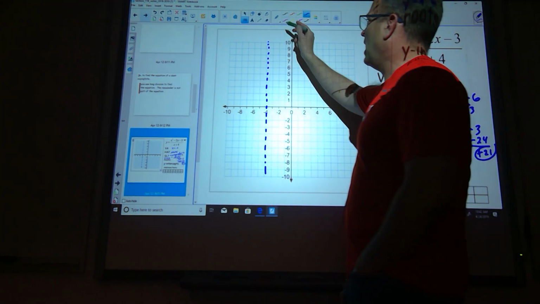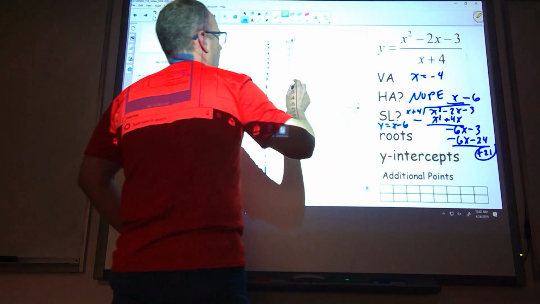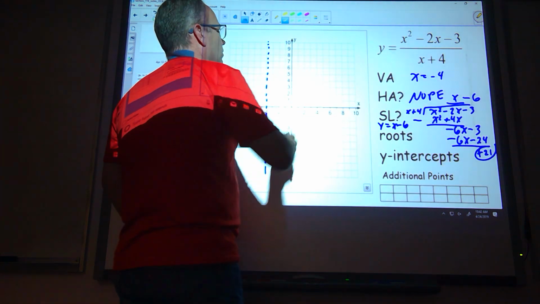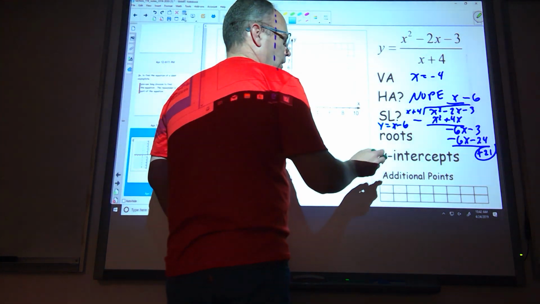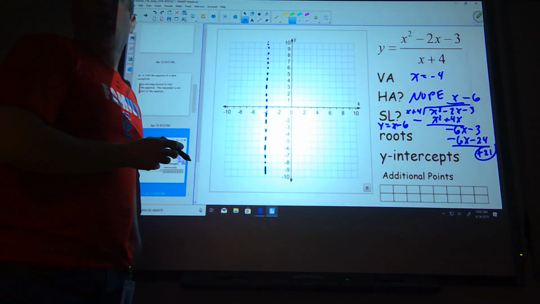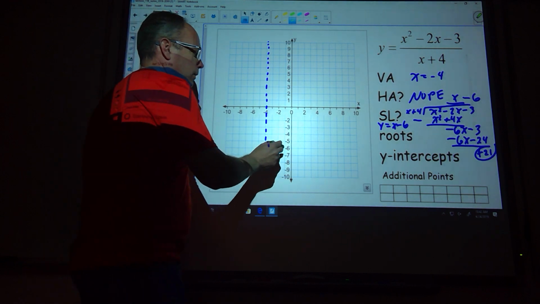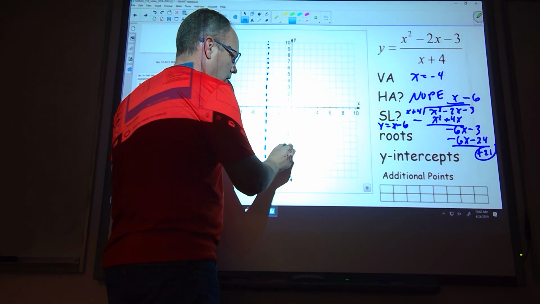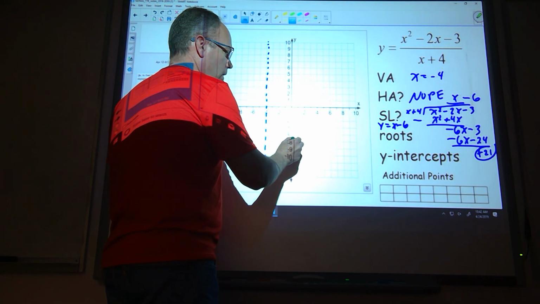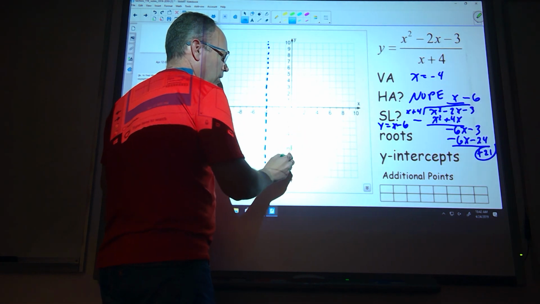Okay, so let's graph the end behavior asymptote. Let's use green. That's a fun one. All right. Do we know how to graph the linear equation? I hope so. It has a y-intercept of negative 6. Goes up 1, right 1. Up 1, right 1. Remember this?